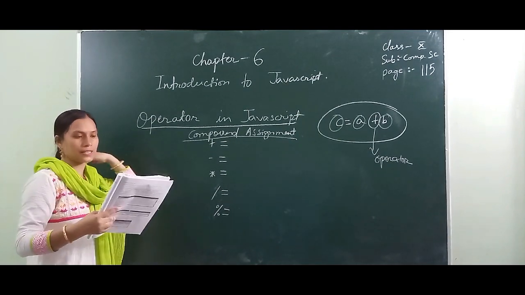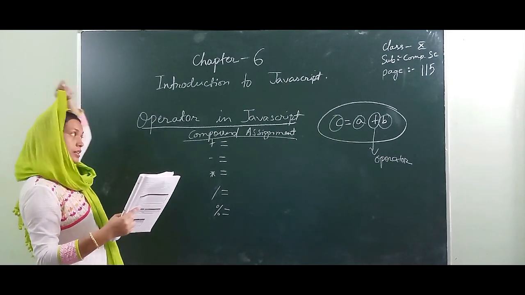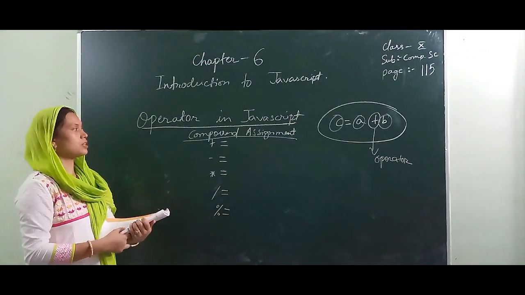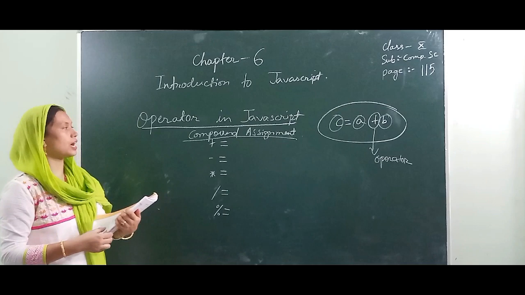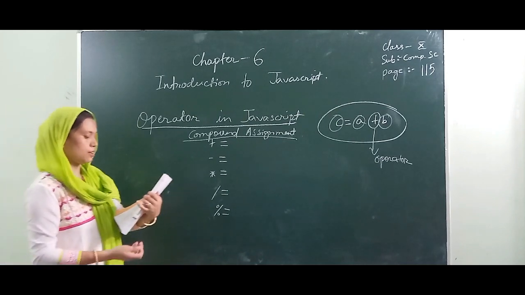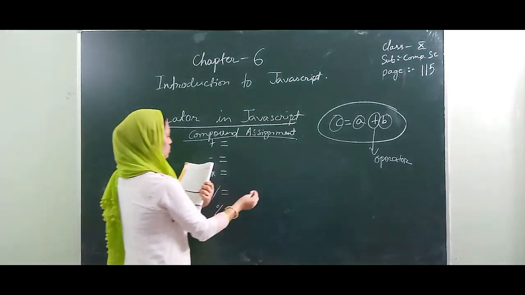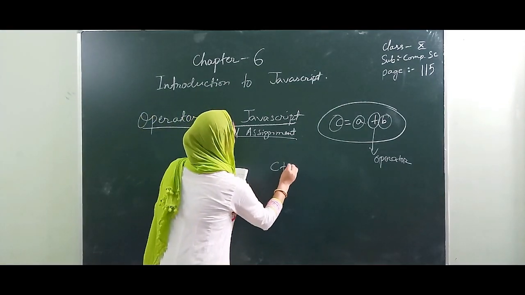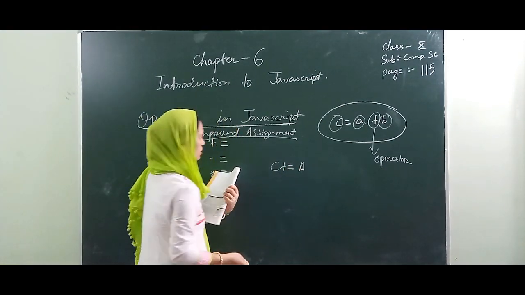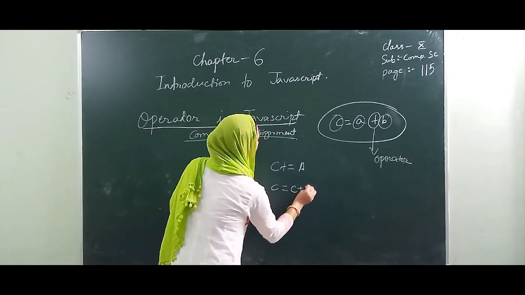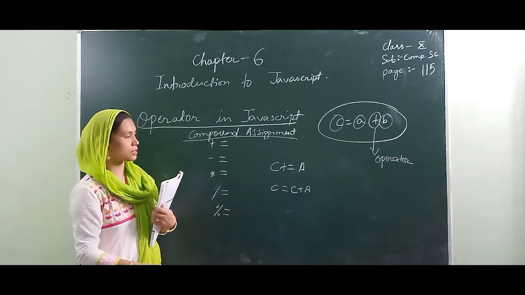Here the function is the same as your arithmetic operator. The difference is when you add, it will carry on the assignment also. Like from your book, example, C plus equal to A. That means C is equal to C plus A. The C has been repeated.